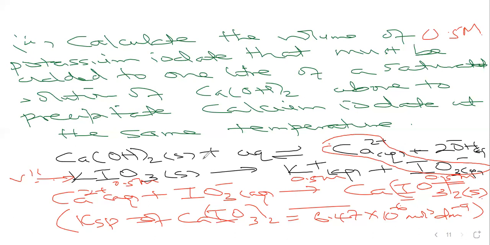To the calcium hydroxide, somebody is adding a given concentration of potassium iodate, whose volume he doesn't know, to precipitate some calcium iodate, whose KsP is given. If you're to do that question, I would advise you first of all write the equation for solubility of calcium iodate.